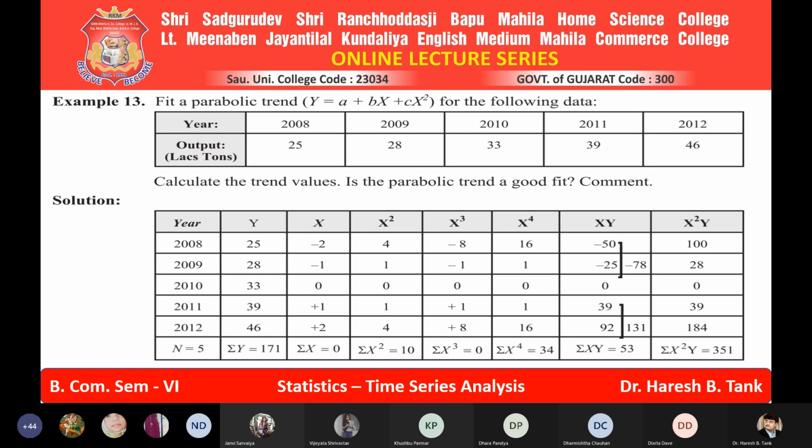Fit a parabolic trend y is equal to a plus bx plus cx square for the following data. The data set has the number of observations, in the form of year and output in lakh tons. Fine enough. Go ahead and try to make it as soon as you can.